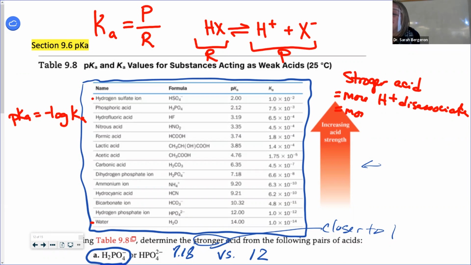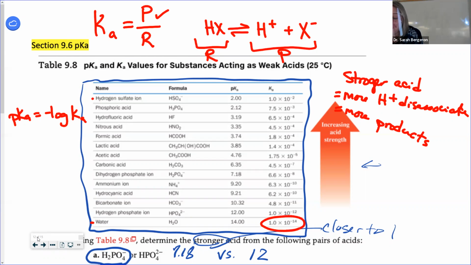You make more products, right? So then this number, the numerator, is going to be bigger. So tell me about that Ka value. Ka is going to get bigger as we get stronger.